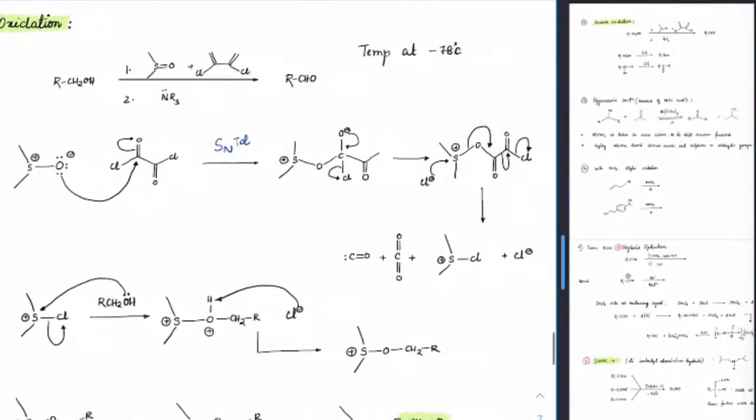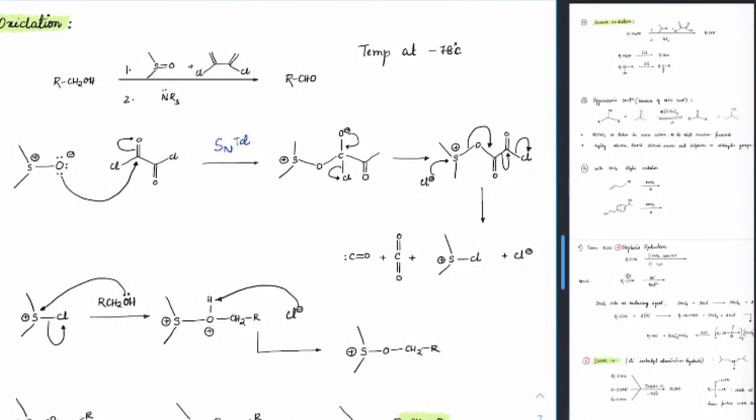Like I said, DMSO exists as a dipolar molecule. So we can say O minus is a strong nucleophilic site. It will attack this C double bond O. As soon as the attack takes place, O minus will come, and through the SN mechanism, you can see that chlorine will come out.